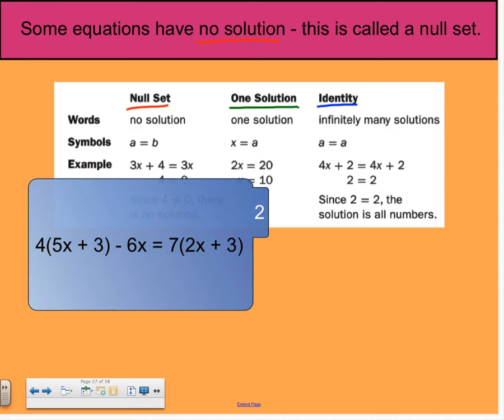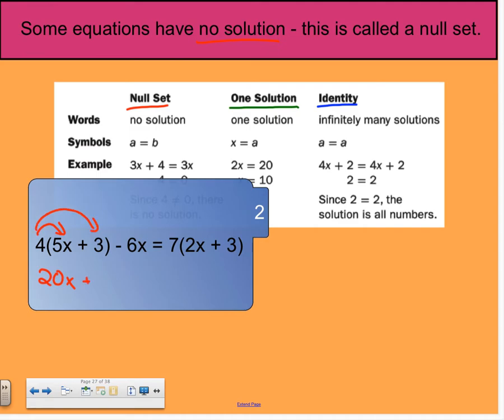Remember, we've been working on distributive property, okay? And it's very important that we continue to practice that skill. So when we look at this example on the board, I need to take care of these grouping symbols, these parentheses. So what am I going to do here on the left side of the equation? Devin says we're going to multiply 4 times 5x, and what will that get me? Very good, 20x. Bring down that addition symbol.